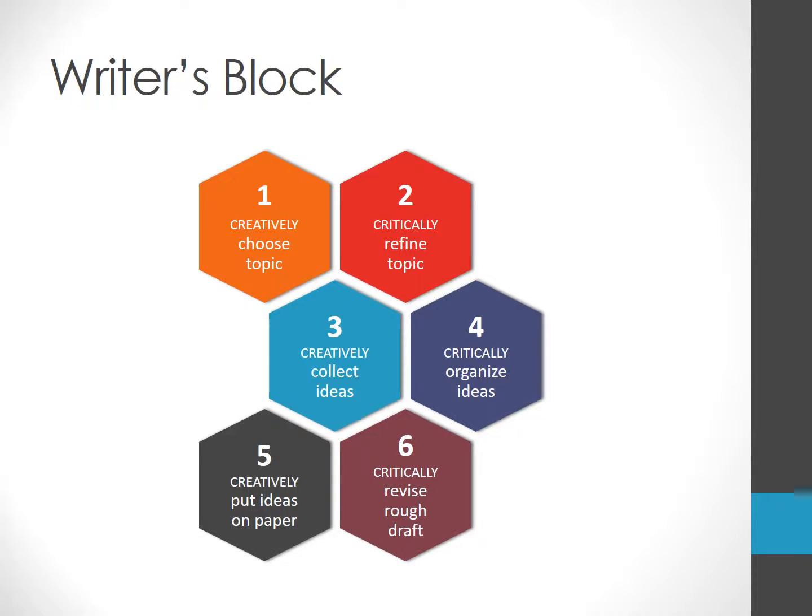And then go to step 2 where you're critically refining your topic. Back to step 3 on the creative side, collect some ideas. Step 4, organize those ideas. Step 5, put those ideas on paper. And step 6, revise your rough draft. So if you follow those steps, I think you'll find that it will help you break through writer's block if that's what you're experiencing.